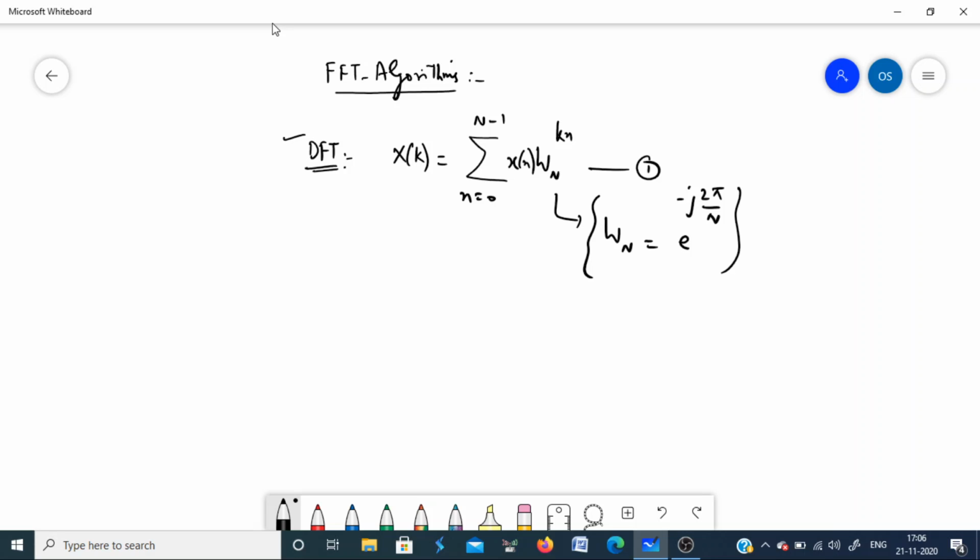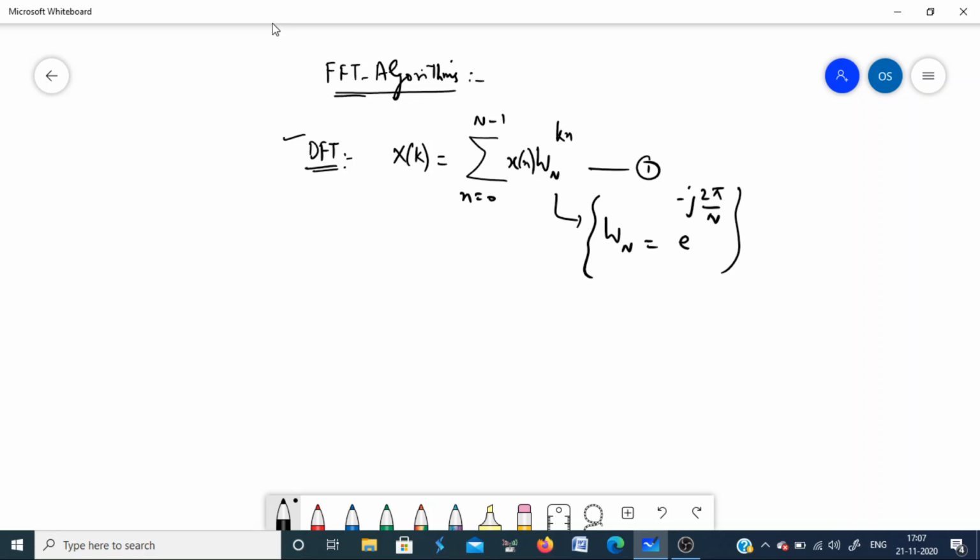Now in this class we will discuss the fast Fourier transform, which is called the FFT algorithm. Fast Fourier transform is basically an algorithm which is used to compute DFT in a very efficient manner.